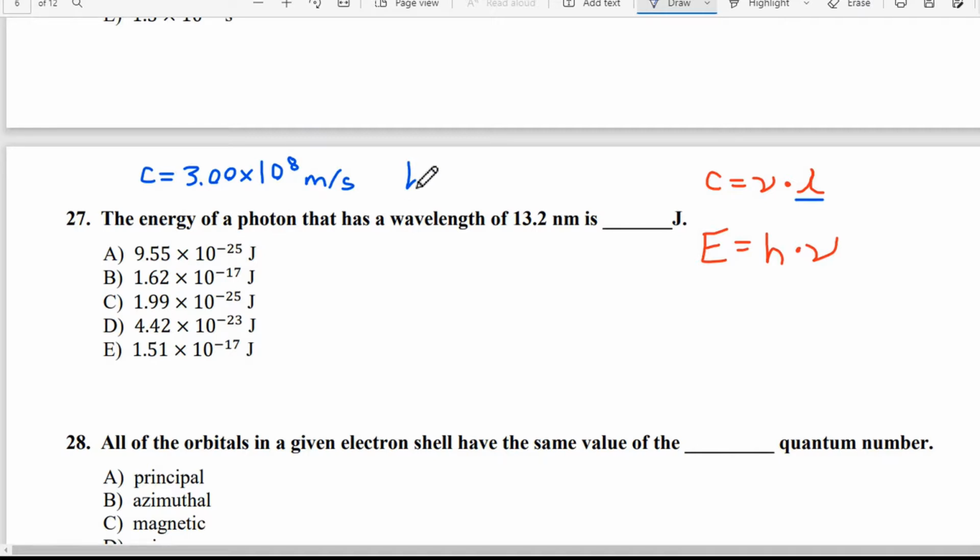And Planck's constant is another constant which would probably be given, but it's 6.626 times 10 to the negative 34 joule seconds.